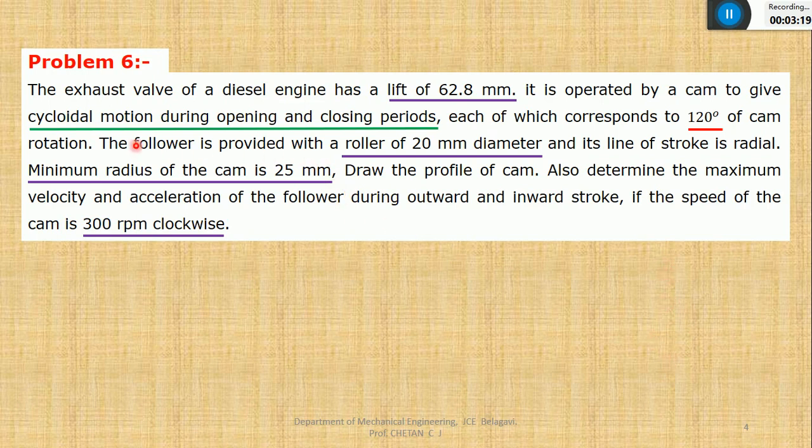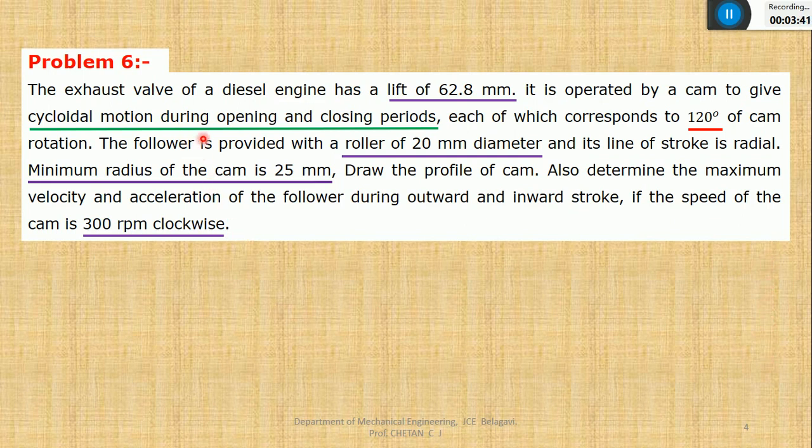The cycloidal motion is given during the opening time and the closing time of the exhaust port. I can consider opening as the outward stroke, the follower moving in an upward direction, and closing as the follower moving in a downward direction. That is nothing but the return stroke.